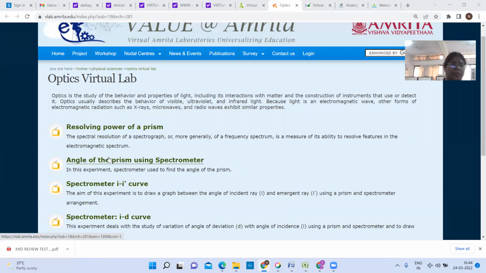Okay. So बघा आता इथं काय दिलेलं आहे त्यांनी. Optics is the study of behavior and properties of light including its interaction with matter and the construction of instrument that use or detect it. Then resolving, so first experiment is resolving the power of prism. Then angle of the prism using spectrometer.